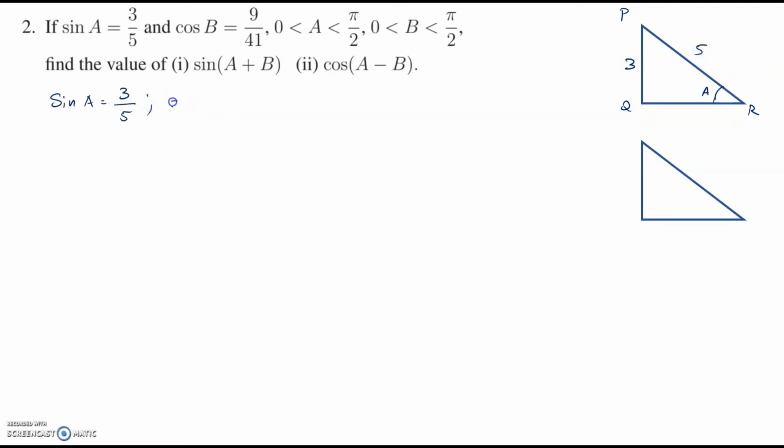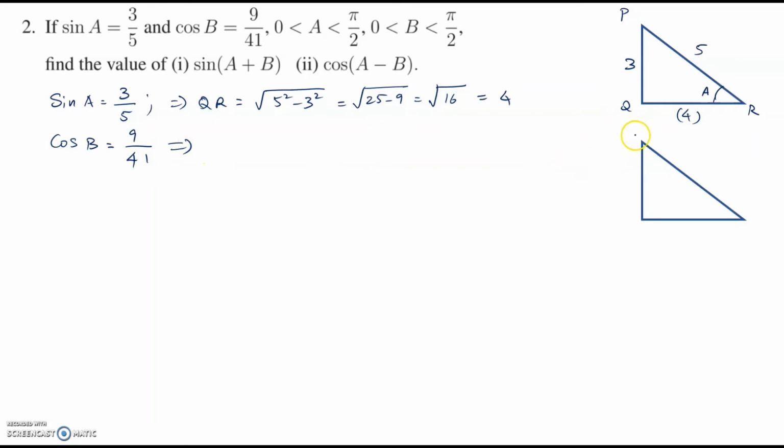Therefore, our QR will be equal to square root of 5 squared minus 3 squared, which is root of 25 minus 9, that's root of 16, that's equal to 4. So QR is 4.